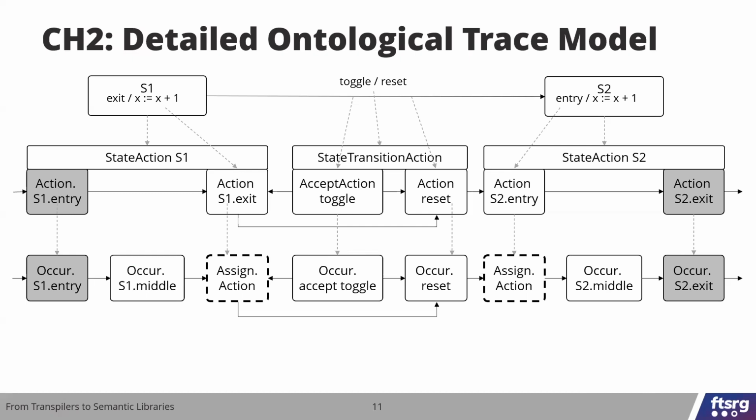It resets something on the toggle event. If we unfold the ontology as it would be unfolded in the original Caramel SysML v2 ontology, we could arrive at the middle layer where all of the states are replaced by state actions, and all of the entry exits are also replaced, and we have some toggle resets and other actions that we can use.